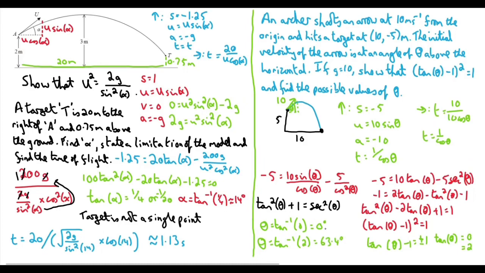These are the 2 angles at which potentially this arrow would have hit that target there. However, because we know that it's above the horizontal, I know that with semantics you can argue that 0 degrees is above the horizontal, but perhaps more practically we would therefore conclude that it would be the 63.4 degrees.